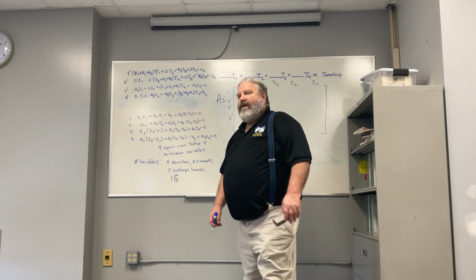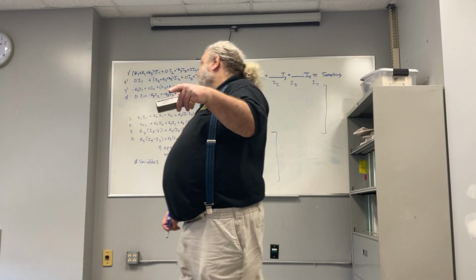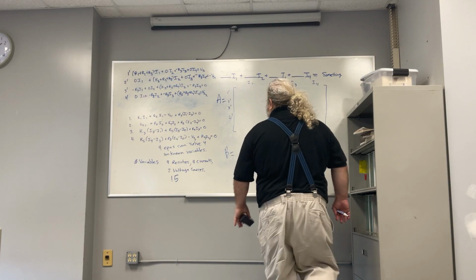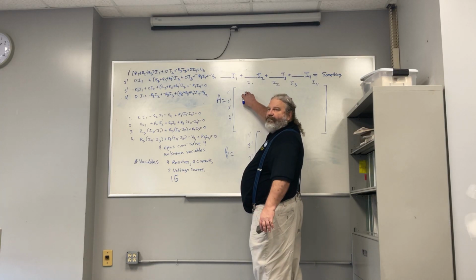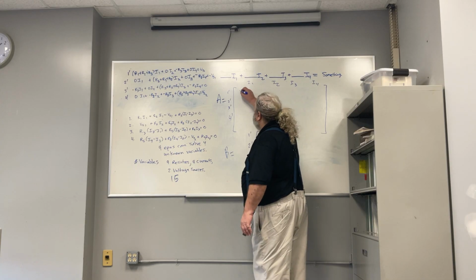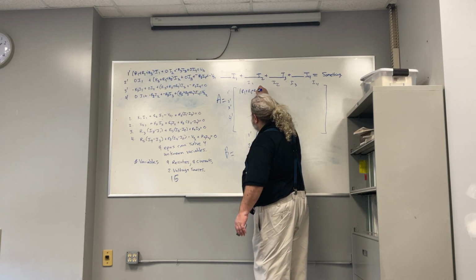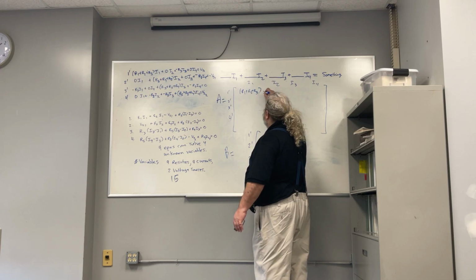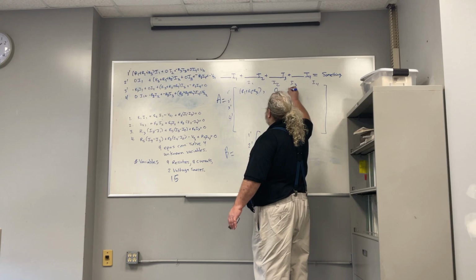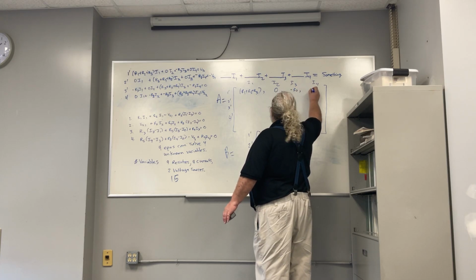So, what's your name? I'm sorry, LaDanya? Did I come close? Please correct me if I don't. Okay, so LaDanya, give me the first row in A. What will the first row in A be? Parentheses R1 plus R2 plus R3. Excellent. Close it. Comma 0, comma negative R3, comma 0.